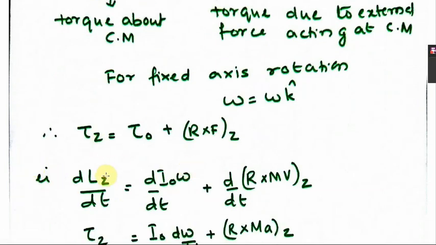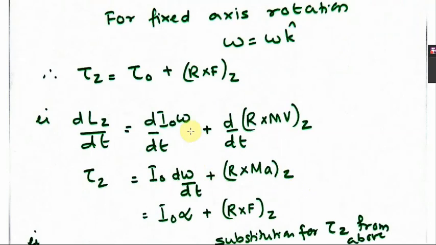Torque is the rate of change of angular momentum. So I can write d by dt of Lz equal to d by dt of I0 omega plus d by dt of R cross mv in the z direction. That is angular momentum about the center of mass and angular momentum due to the center of mass. I0 is constant, you can take it outside.